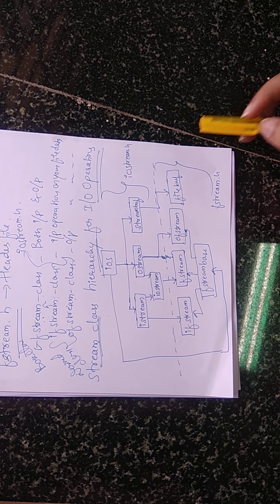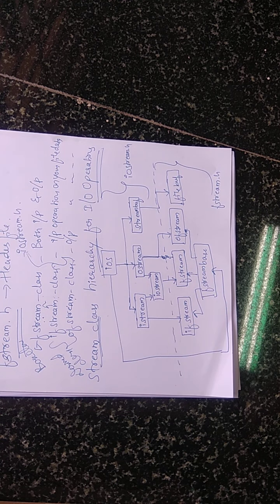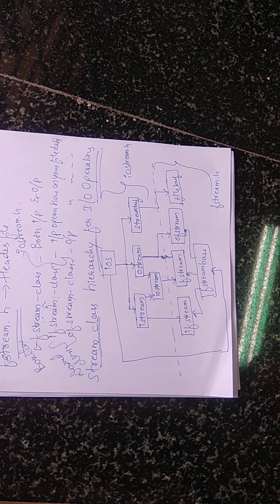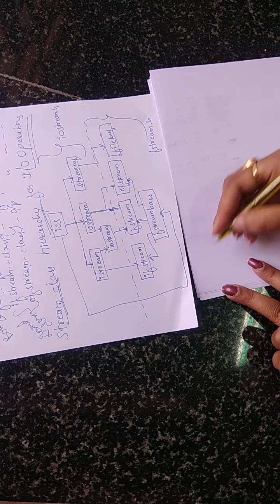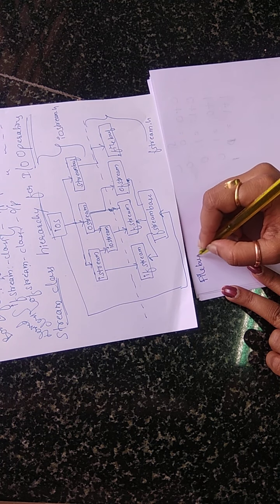Fine. Now we'll see what all these are working with. The first one we'll start with is your file buffer. This file buffer sets the file buffer to read and write operation. So for what purpose do we use this file buffer? Let me write file buff.